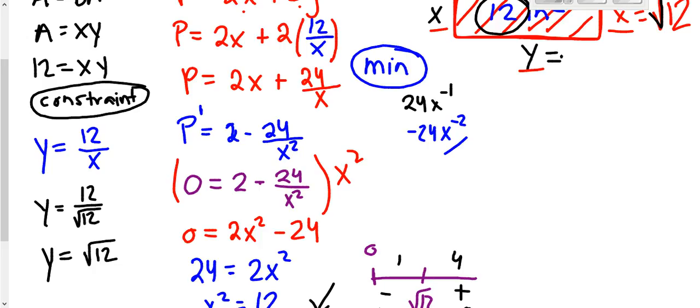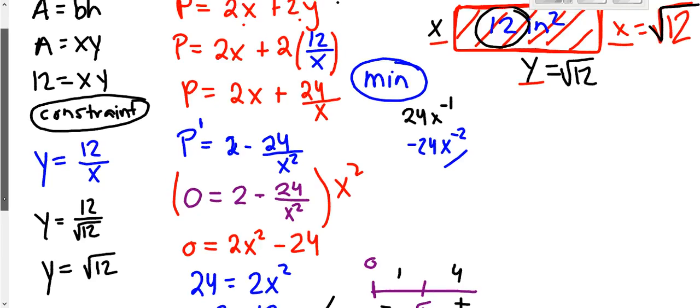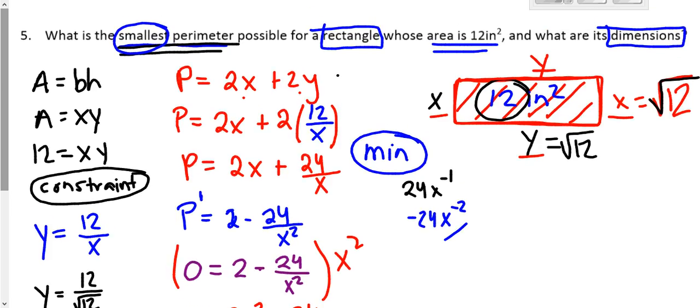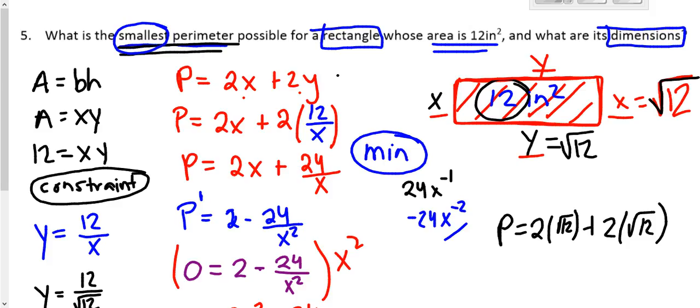So both of our dimensions are the same, square root of 12, square root of 12. Then from there we can get our perimeter. Our perimeter is 2 times square root of 12 plus 2 times square root of 12. So 2 square root of 12 plus 2 square root of 12 is 4 square roots of 12. And there is our minimum perimeter.